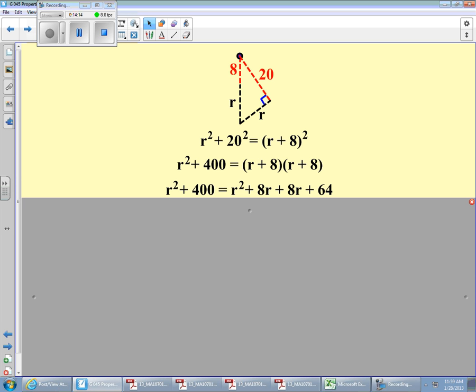Now, if you distributed, look what would have happened to you. If you distributed this square to the r, you would have gotten your r squared. If you distributed the square to the 8, you would have gotten your 64. You would have missed those two guys. Okay, that's why you have to do the entire parentheses times the entire parentheses.